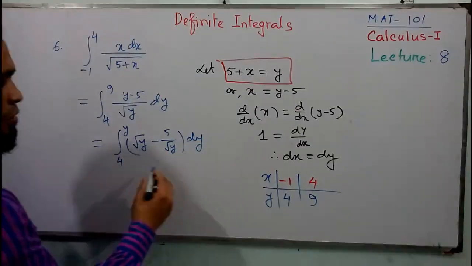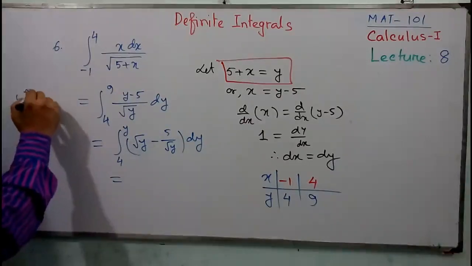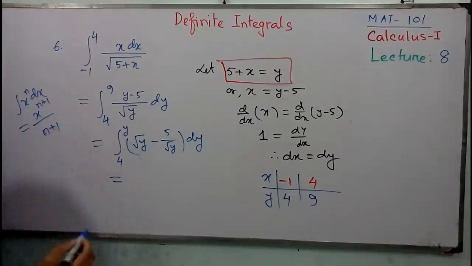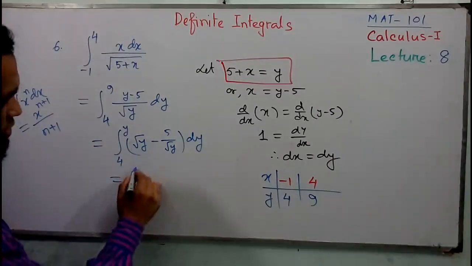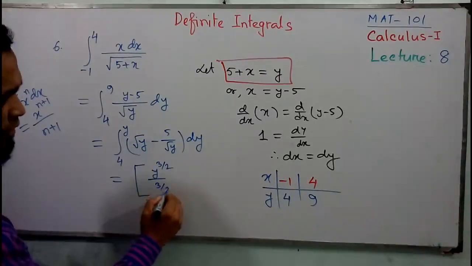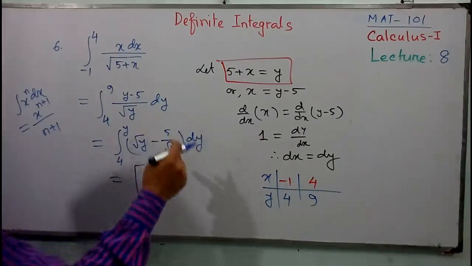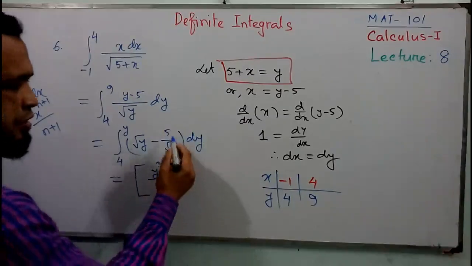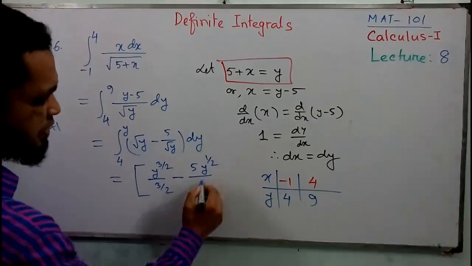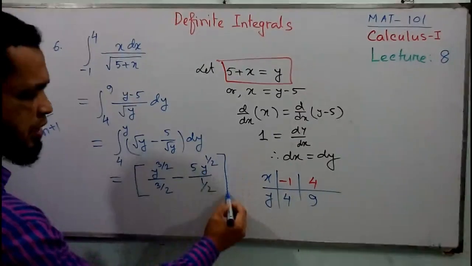Now you apply the power formula, integration of x to the power n dx, which is x to the power n plus 1 by n plus 1. So what will be the result? Root y, it will be y to the power 3 by 2 divided by 3 by 2, and 1 by root y will be y to the power minus half. Integration of y to the power minus half is 5 y to the power half divided by half. Minus half plus 1, that is half, divided by half.